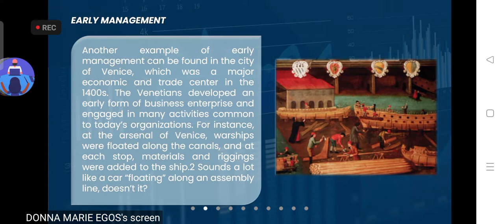In addition, the Venetians used a warehouse and inventory system to keep track of the materials, human resource management function to manage the labor force, including wine breaks, and an accounting system to keep track of the revenues and costs. So next please.